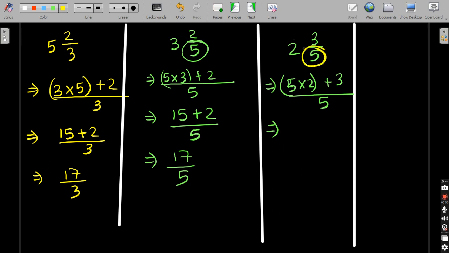I am multiplying 5 with 2, 5 into 2, and after that I am adding this number. Here I am doing multiplication and here addition. 5 into 2 plus 3. Now what is my value? Let us check. 5 2s are 10 plus 3 by 5. 10 plus 3 is equal to 13 by 5. This is the process to find it out.